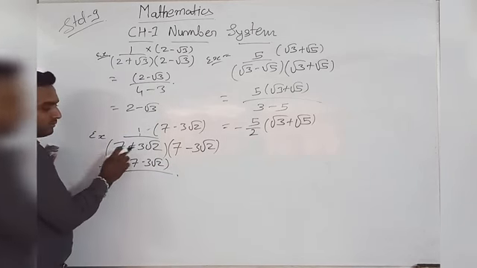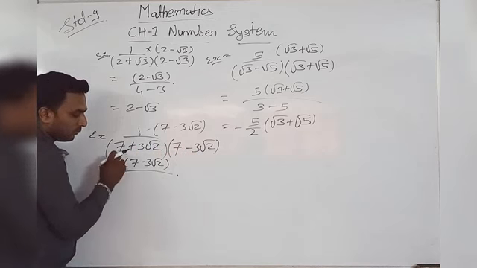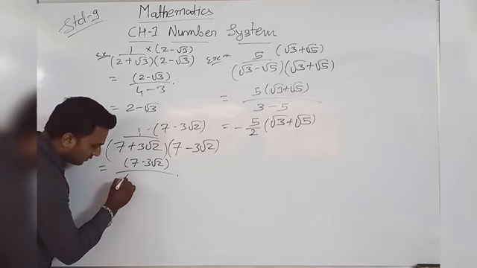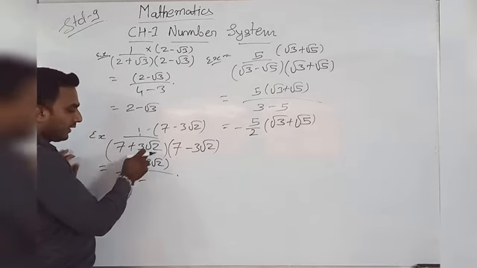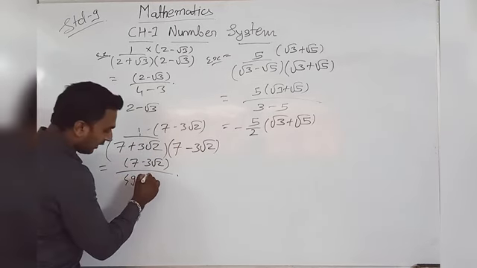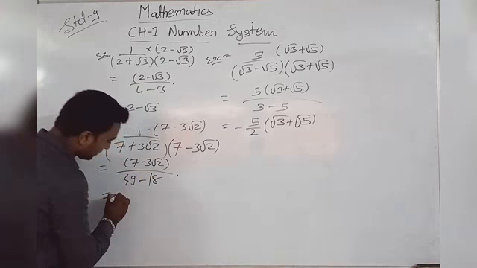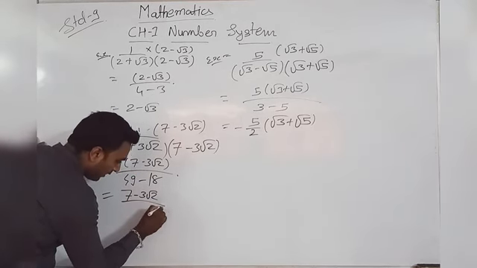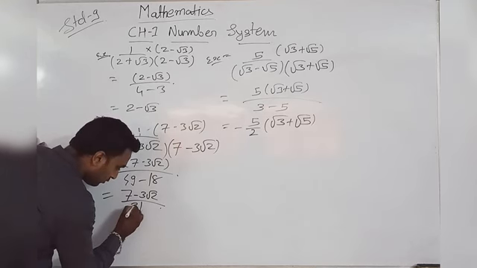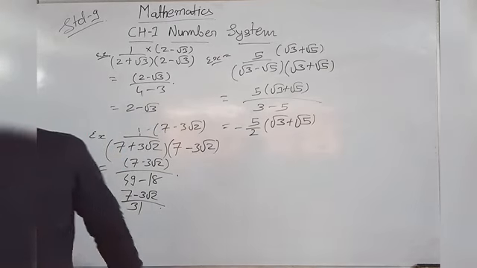In the denominator, 7 plus 3 root 2, 7 minus 3 root 2, a square minus b square. So 7 square is 49, minus b square, that is 3 square 9, and root 2 square 2, 9 times 2 is 18. So the answer will be 7 minus 3 root 2 divided by 31. Clear?